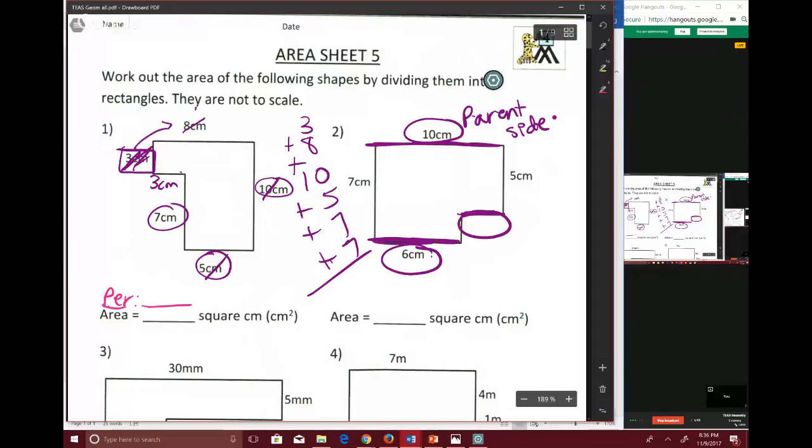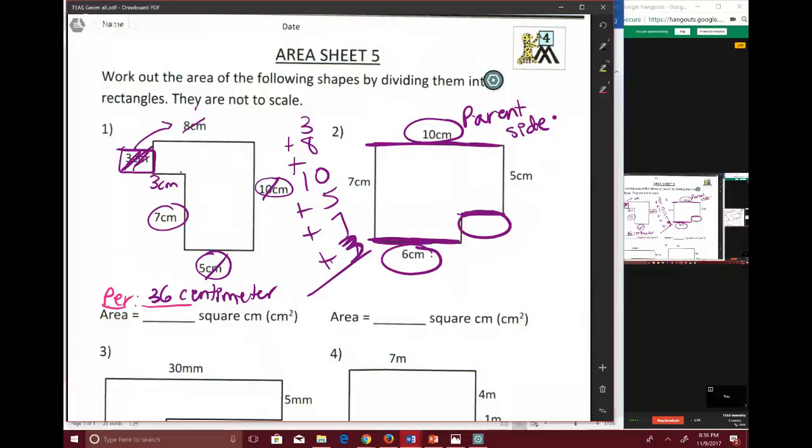Sorry, it's 36 because this looks like a 7, not a 3. So your perimeter should, in theory, be 36. And since I did make a mistake, I am going to check it one more time. So you have 3, 8, 10, 5, 7, and 3, making 36 centimeters as your perimeter.